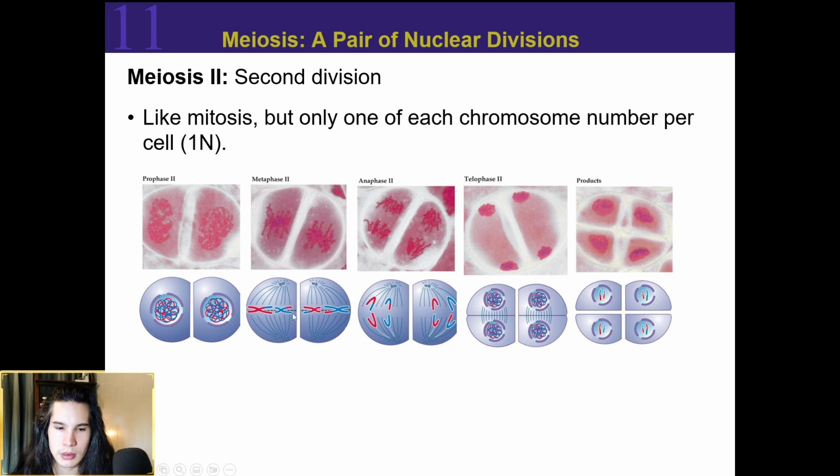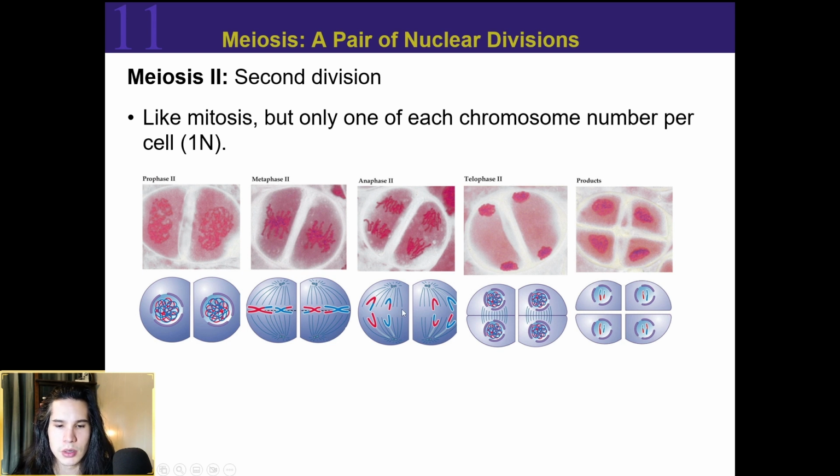They're not lining up down the middle as tetrads. It's going to more closely resemble mitosis in that all of the chromosomes present in each of these individual cells are going to line up single file down the middle of the cell. So all of your chromosomes line up down the middle, including the recombinant chromosomes.